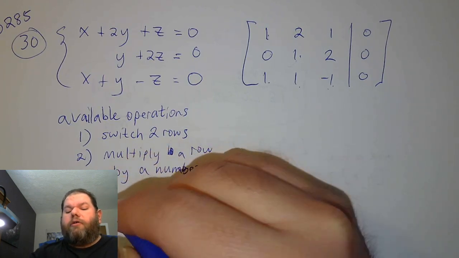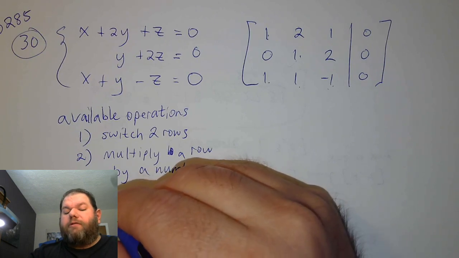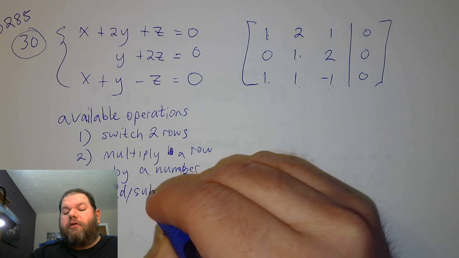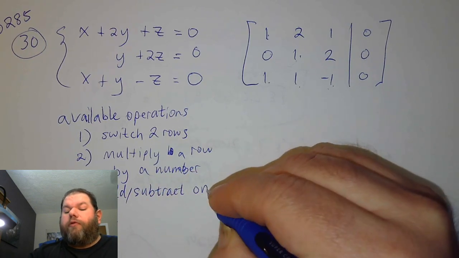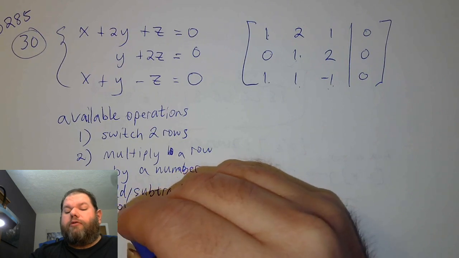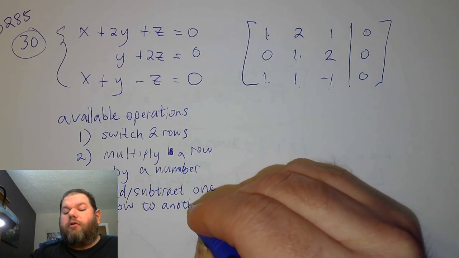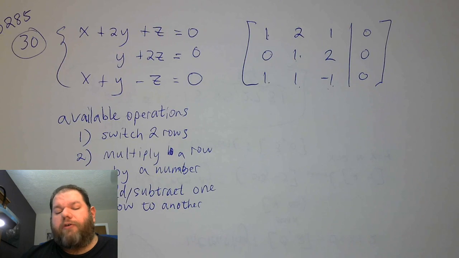Three, we can add or subtract one row to another. We could also add or subtract a multiple of one row to another.